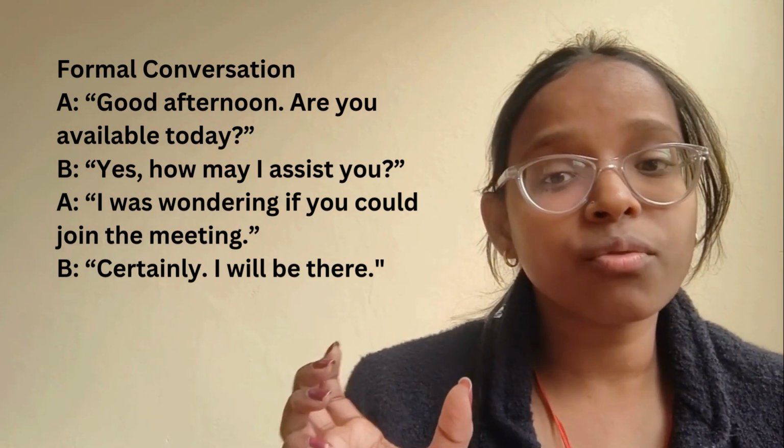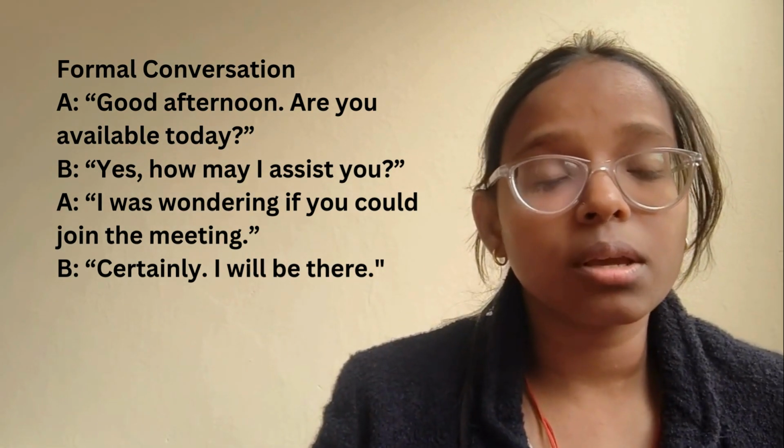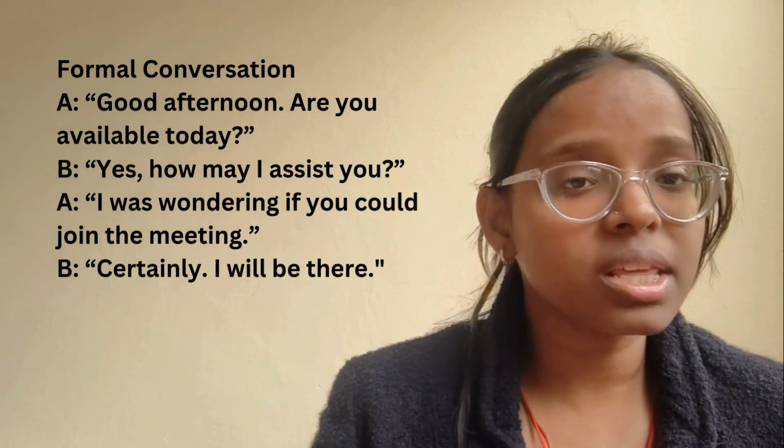The person A will say, "I was wondering if you could join the meeting." Then B will say, "Certainly, I will be there." So it is a formal transformation of the same conversation, where they start with, "Are you available today?" "How may I assist you?" "I was wondering if you could join the meeting." And then he says, "Certainly, I will be there."